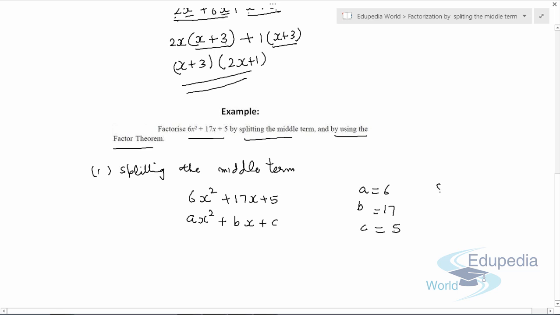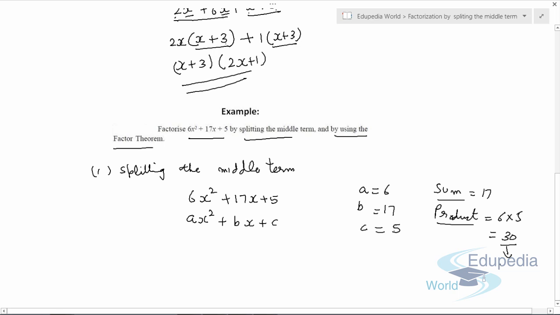Again the sum is 17, and the product is 6 into 5, which is 30. Now we have to break the number 30 in such a manner that it satisfies both product and sum.